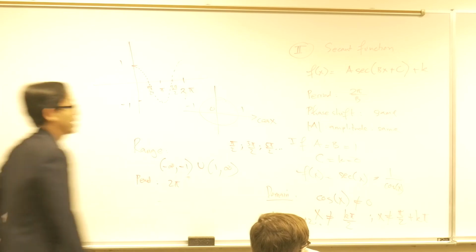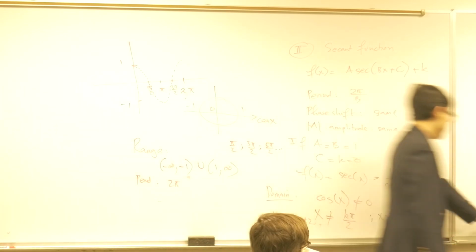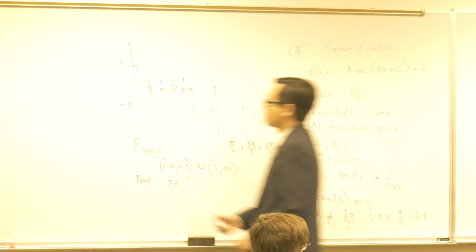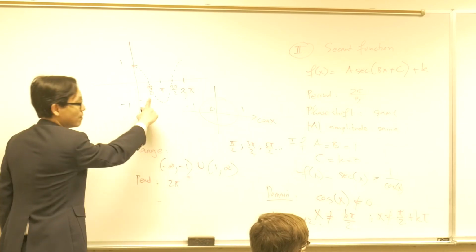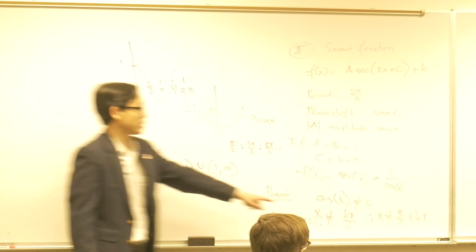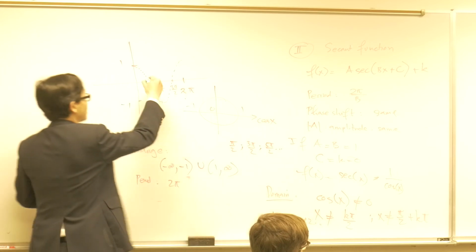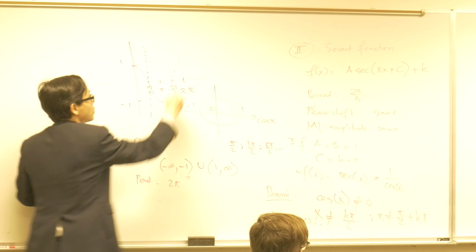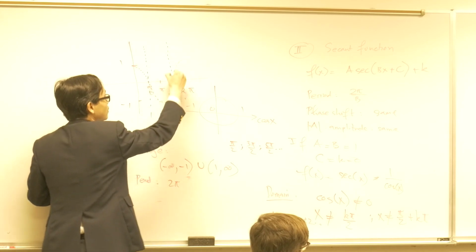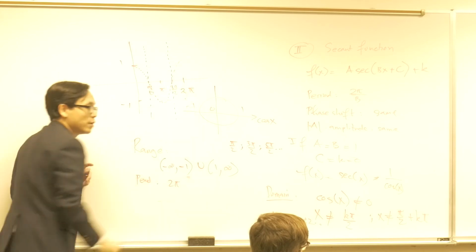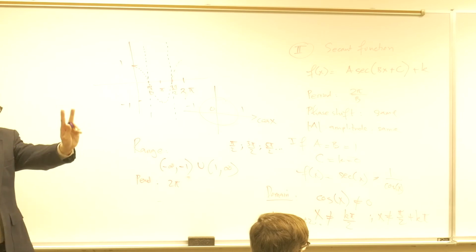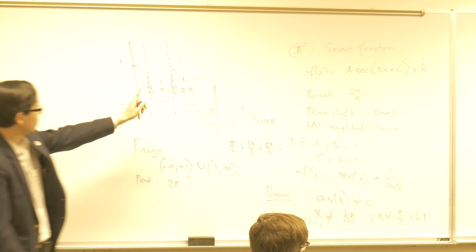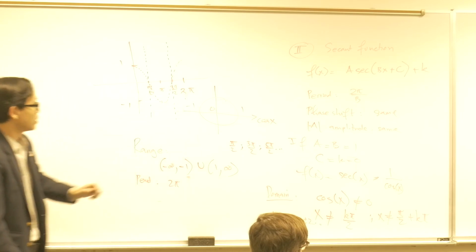But in order to get the secant, we take the reciprocal, and we know that the vertical asymptote is where the function is undefined. So the vertical asymptotes are at pi over 2, 3 pi over 2. Okay, because I'm graphing only one period, so we have only two vertical asymptotes in one period.